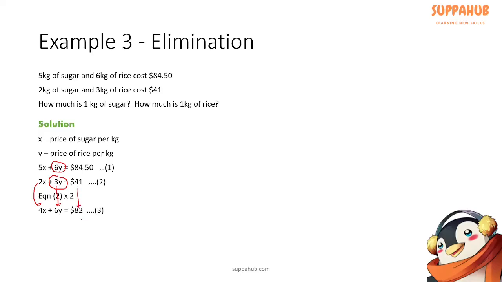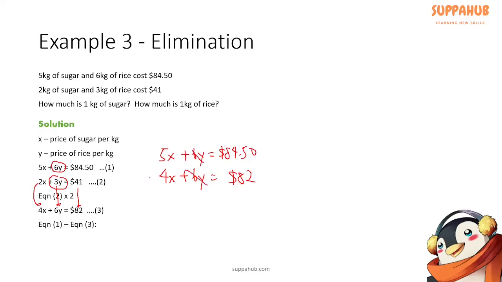Then after that, you can have equation 1 minus equation 3. So you have equation 1, which is 5x plus 6y equals $84.50, and then you have 4x plus 6y equals $82. You want to eliminate the y's.